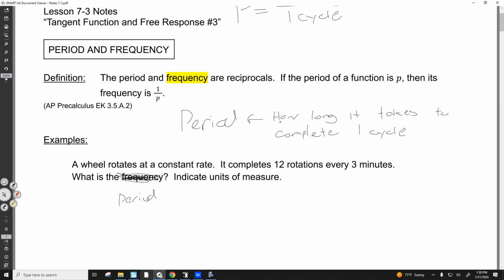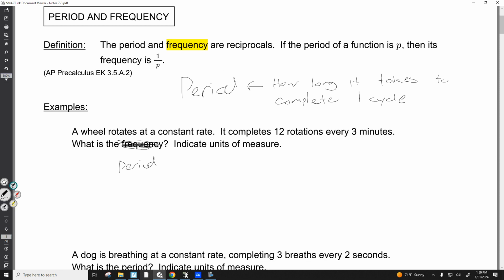A wheel rotates at a constant rate. It completes 12 rotations every 3 minutes. What is the period? Well, you will understand that we want the time it takes to complete one cycle. It takes 3 minutes to complete 12 rotations. A full rotation we consider a cycle.